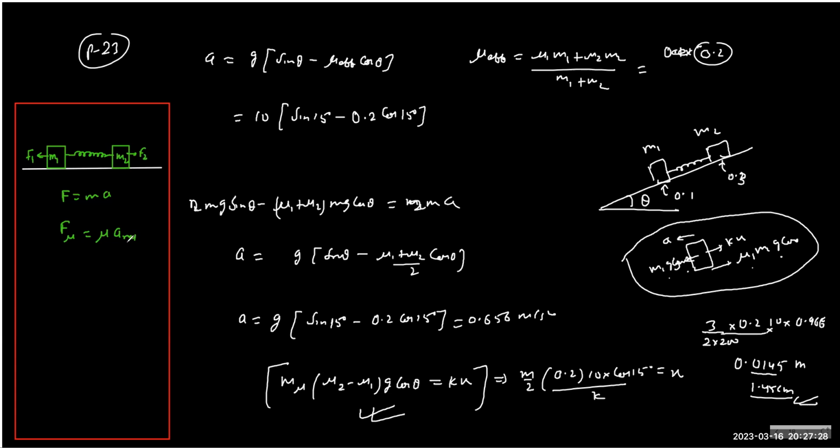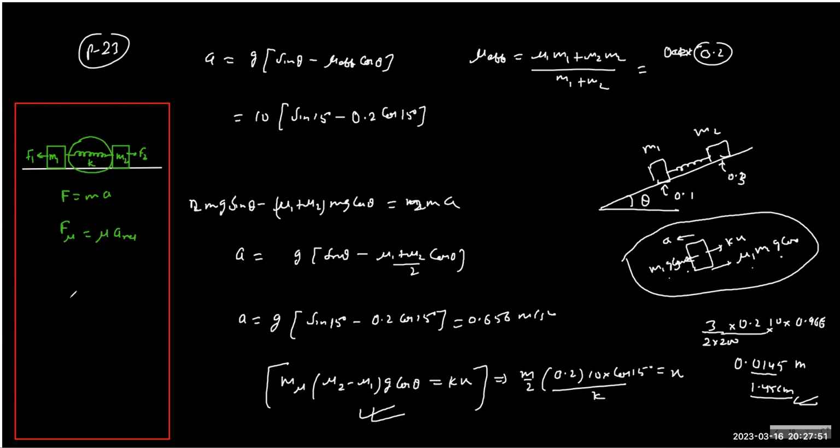What does it mean? If you ignore the internal force, what will be the acceleration of M1? It will be F1 by M1 towards left. What will be the acceleration of M2? F2 by M2 towards right.